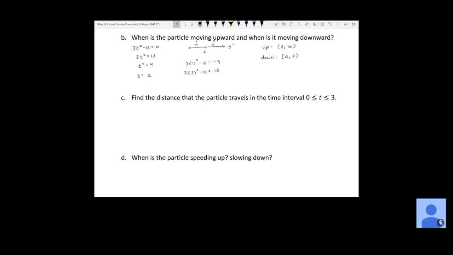Okay, so how would you find a distance in general? What would be your process? If you want to know how far something has traveled, how would you measure a distance?